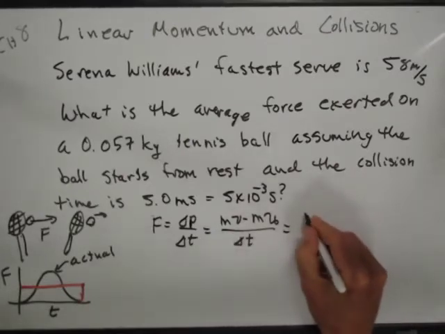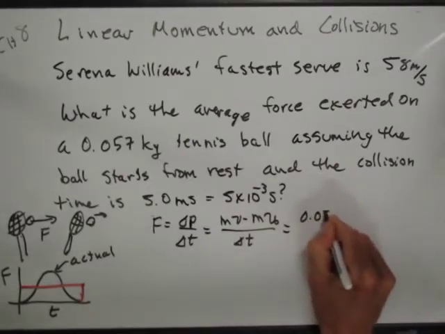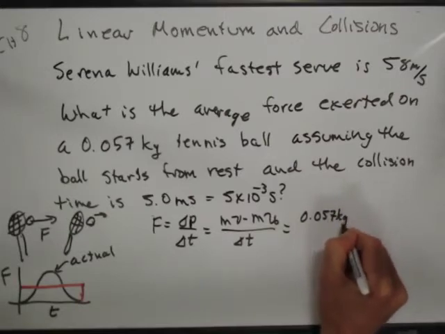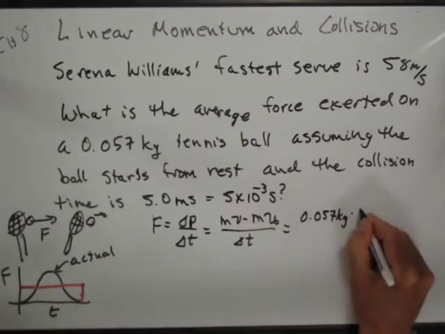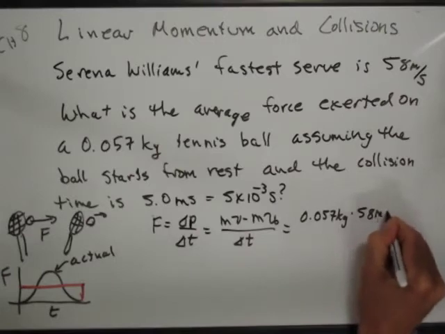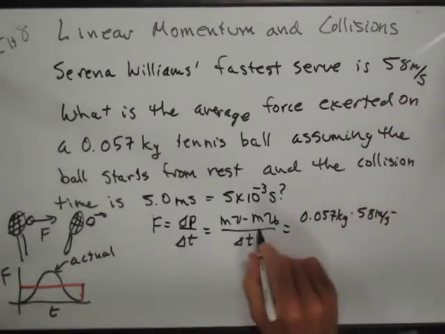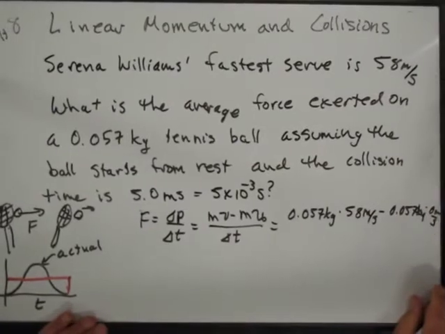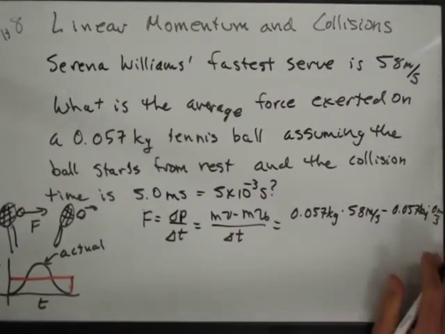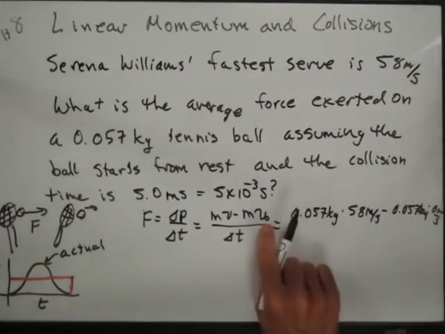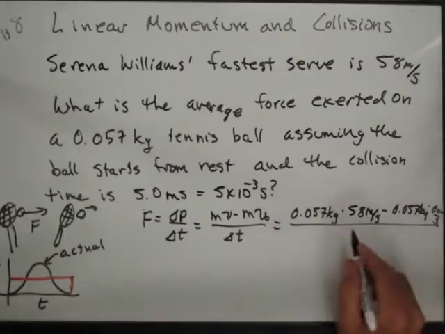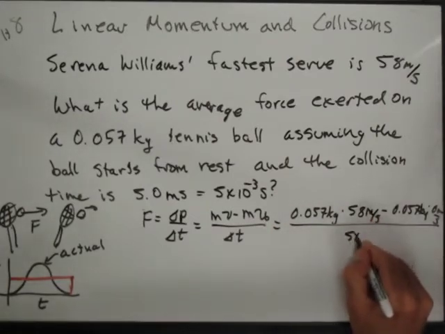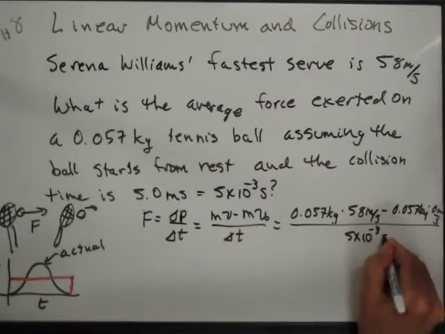That's 0.057 kilograms times 58 meters per second minus 0.057 kilograms times 0 meters per second, because the initial velocity is 0, all divided by 5 times 10 to the minus 3 seconds.